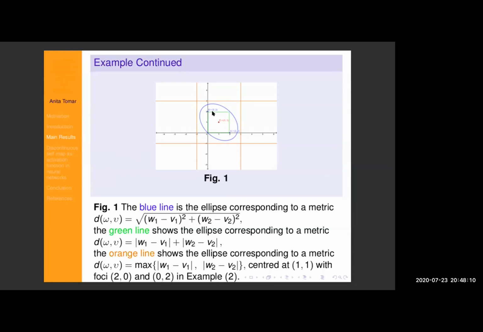This green line is the ellipse corresponding to the metric modulus of (W1 minus V1) plus modulus of (W2 minus V2). And this orange line is the ellipse corresponding to the metric maximum of modulus of (W1 minus V1) and modulus of (W2 minus V2). The centers of these ellipses are at (1, 1), and one focus is at (0, 2), another focus is at (2, 0).